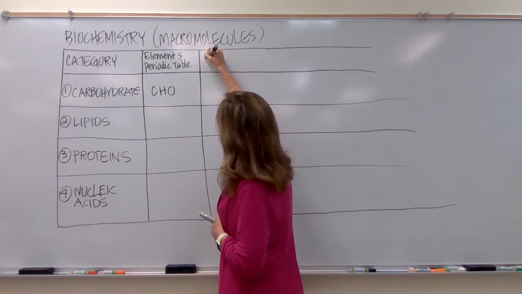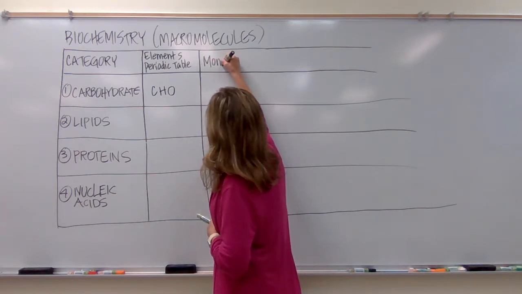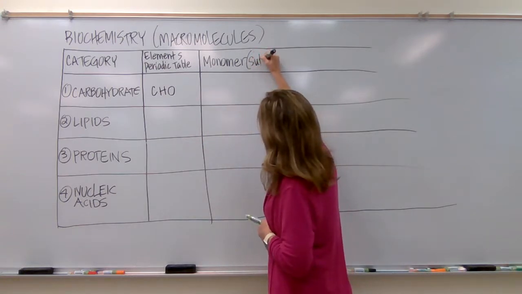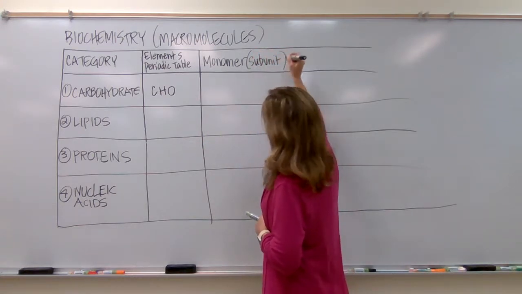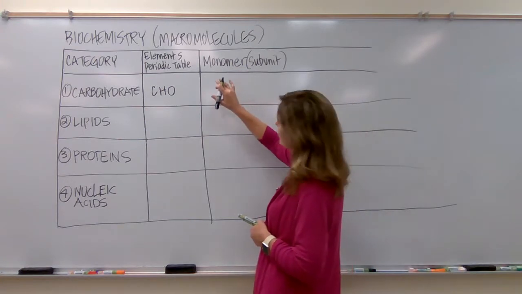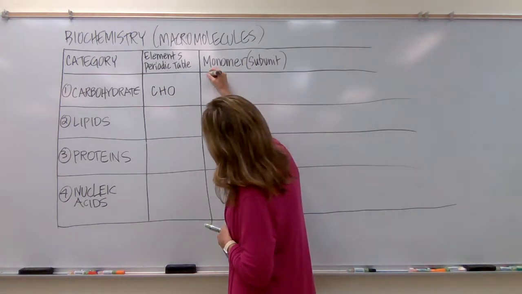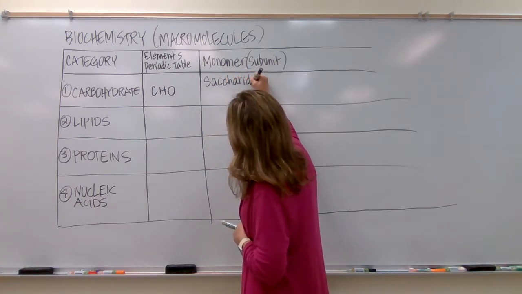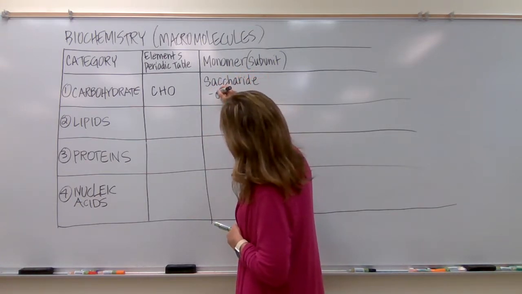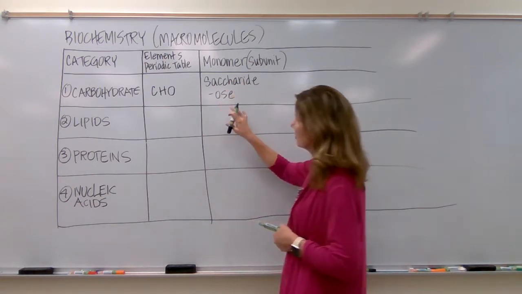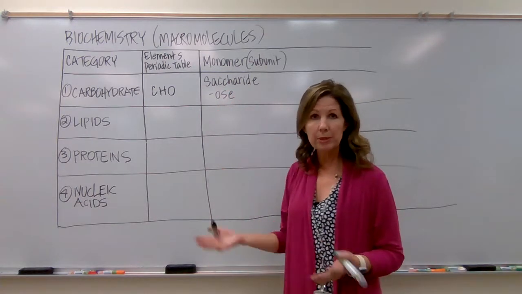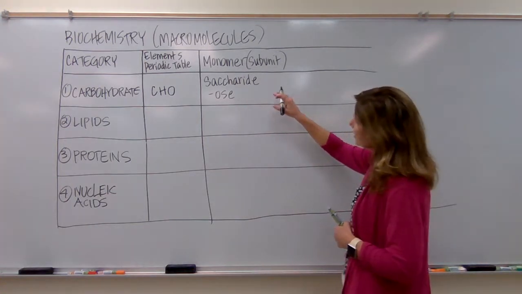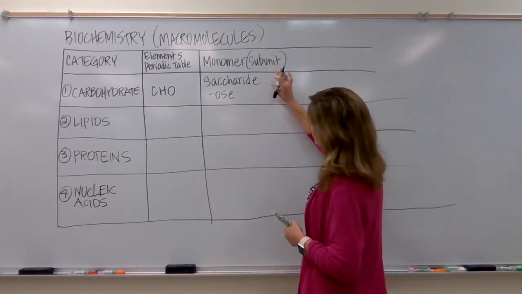The monomer unit or subunit is going to be a saccharide. And a lot of times you will hear of carbohydrates ending in -ose, but by no means is that the only way they end. So that's just one example, but that saccharide would be a subunit.